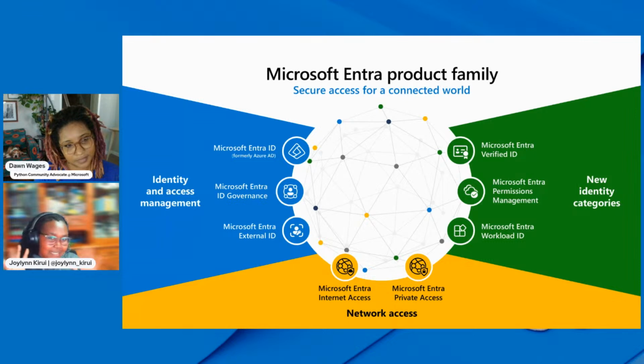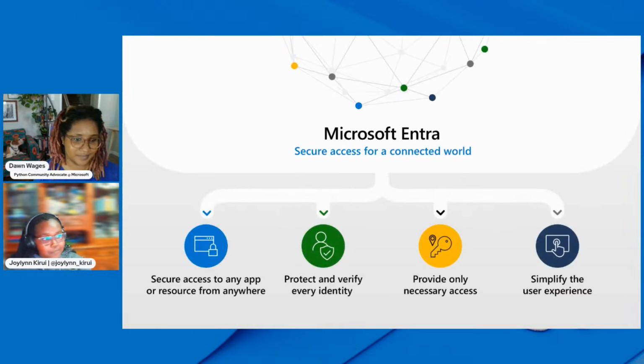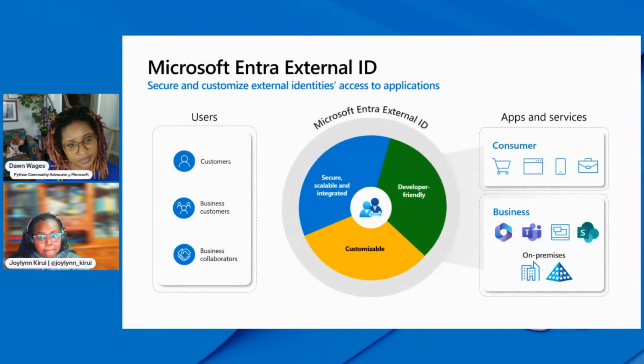So there's a lot that is covered under the Microsoft Entra product family, but today I'm going to focus mainly on the Microsoft Entra External ID. The Microsoft Entra External ID is mainly for use cases whereby you are working with people who are outside of your organization.